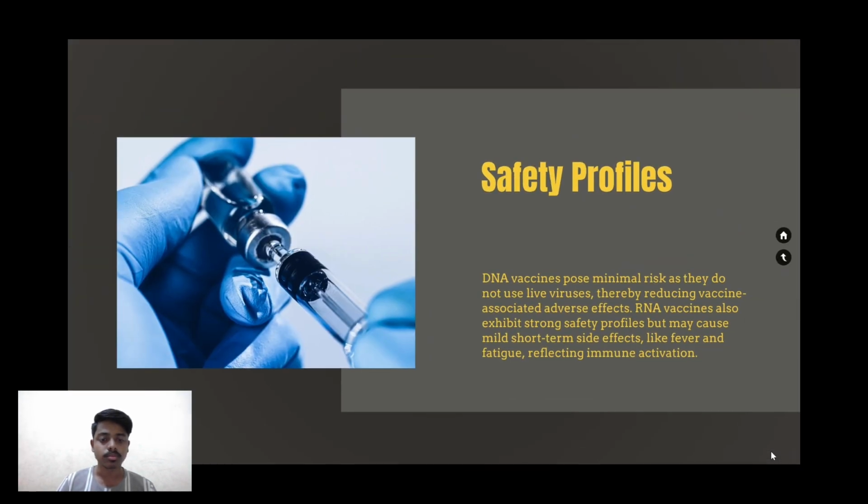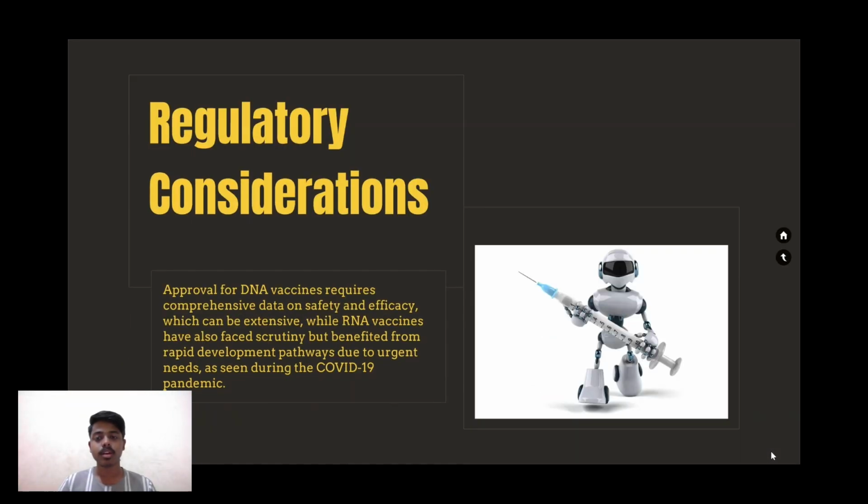Safety profiles. DNA vaccines pose minimal risk as they do not use live viruses or live pathogens, thereby reducing vaccine associated adverse effects. RNA vaccines also exhibit a strong safety profile but may cause mild short-term side effects like fever and fatigue, reflecting immune activation. Regulatory considerations.